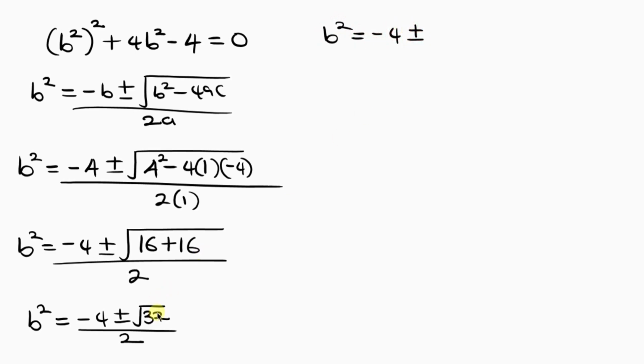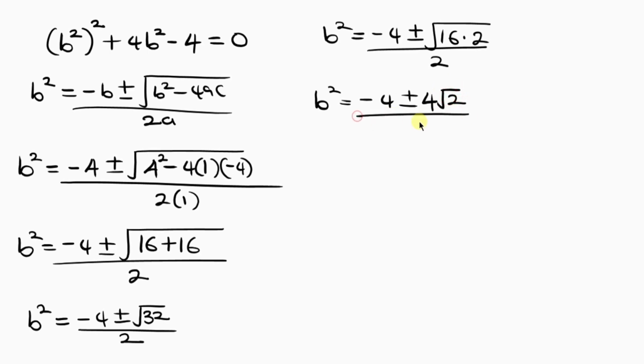Now the square root of 32 can be written as the square root of 16 times 2 all over 2. So b squared will be equal to negative 4 plus or minus. Now there is actually a square root of 16 because 16 is a perfect square. So the square root of 16 is 4. Now root 2 all over 2.